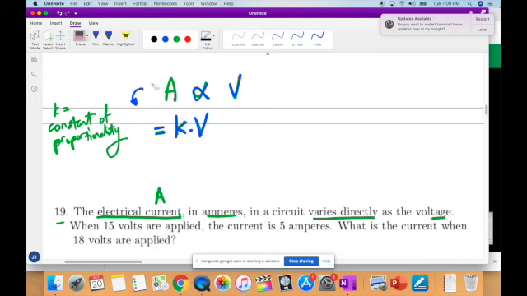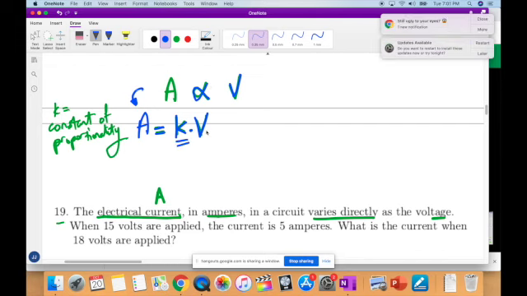But no matter how much your current and voltage change, the constant of proportionality will always remain the same. So what they say here is, when 15 volts are applied, the current is 5 amps.